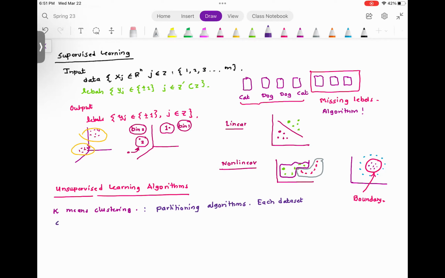So we cluster the data set to the nearest means, which serves as the prototype for that cluster.